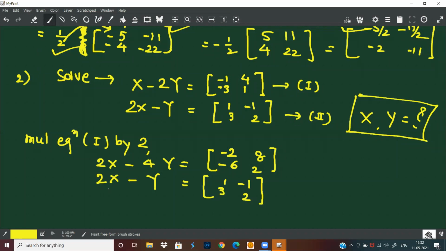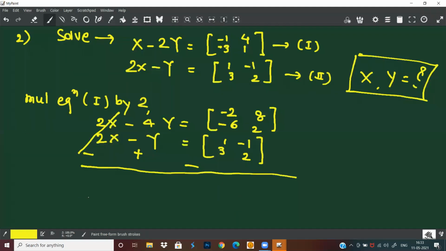I multiplied the first equation by 2 so that I made both coefficients of x equal. We are doing the elimination method. So this becomes minus, this plus, this minus. So this will cancel. It's like solving simultaneous equations.